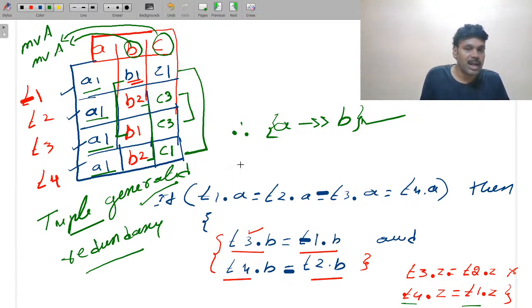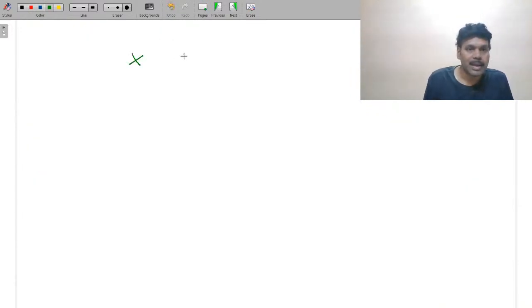So what do we understand? Once again, we will look at the data with one example. Let us see X, Y, Z. Z and Y are multi-value attributes.